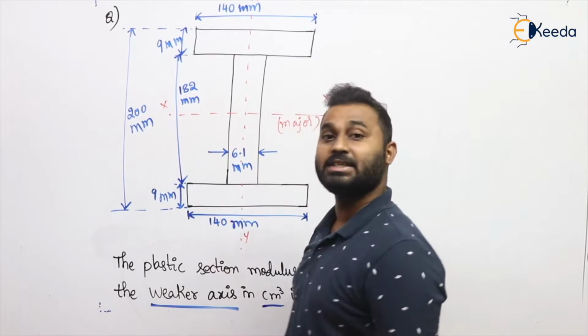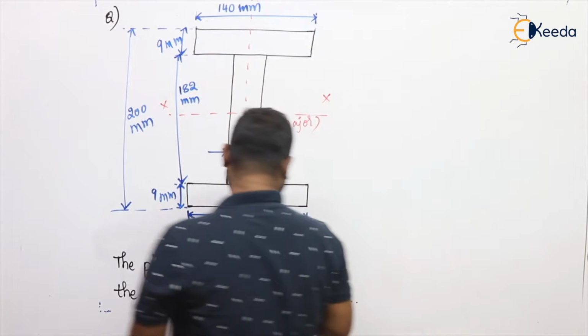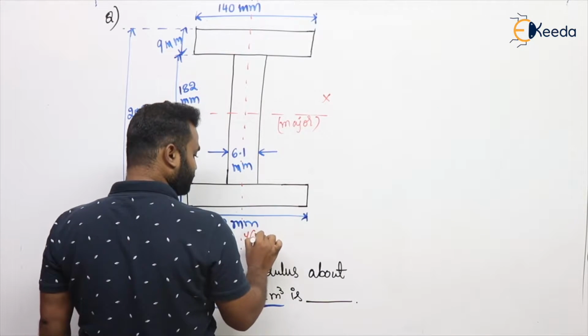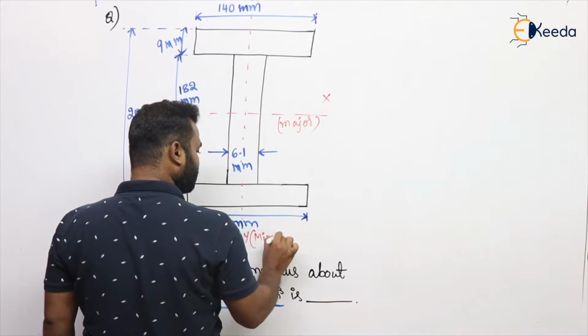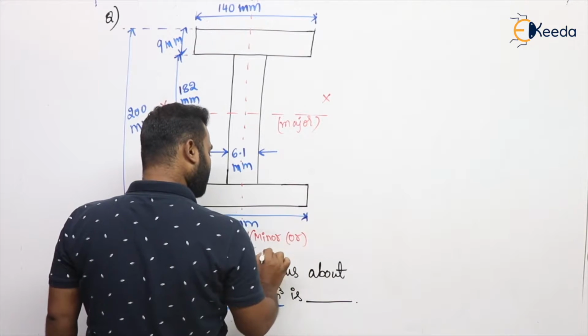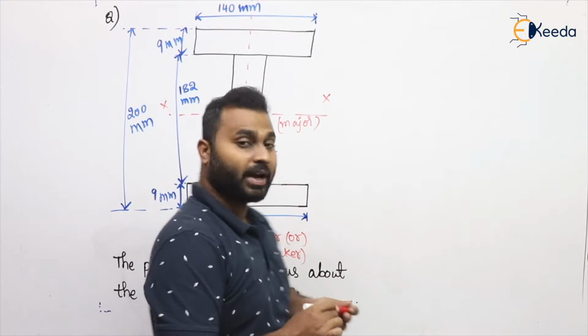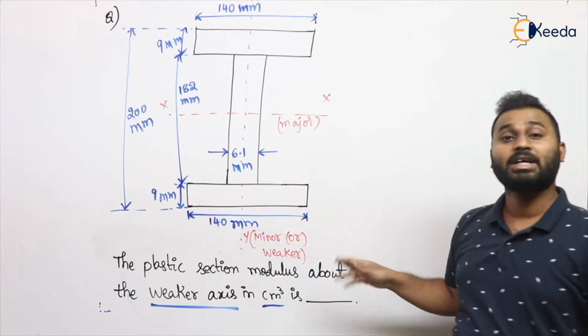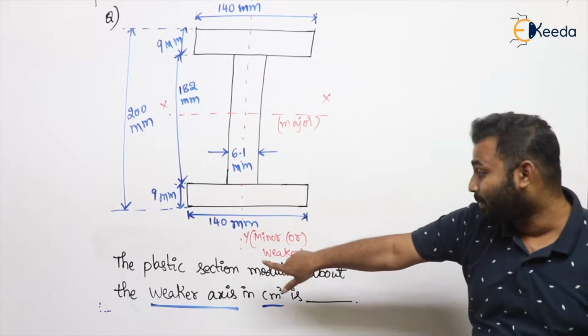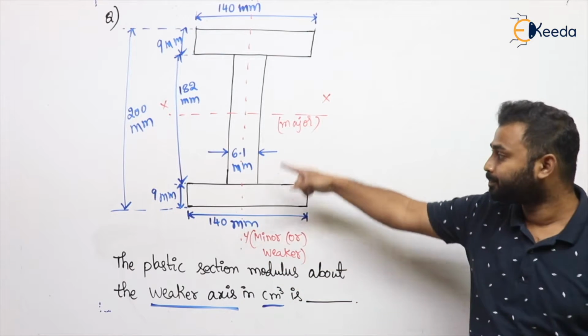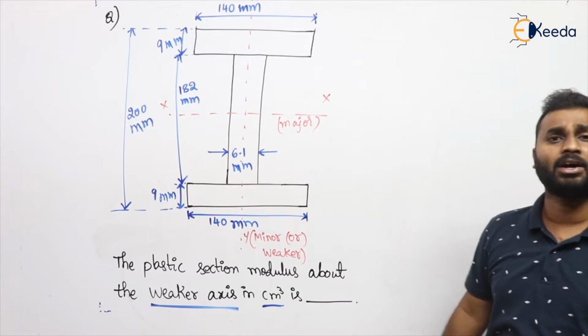So this YY is considered as the minor or weaker axis. Now he is asking us to find the plastic section modulus along this YY axis.